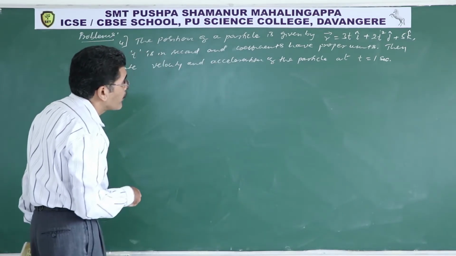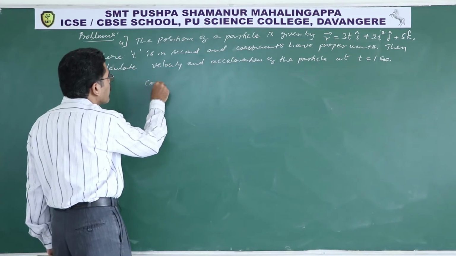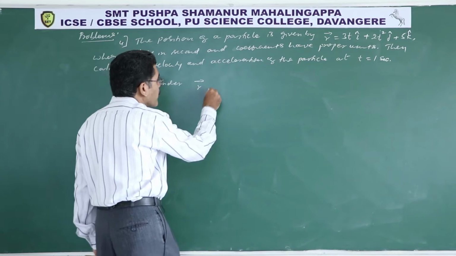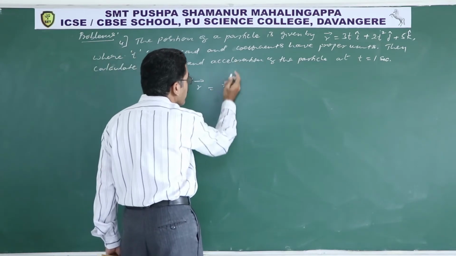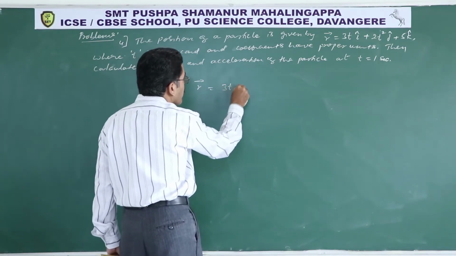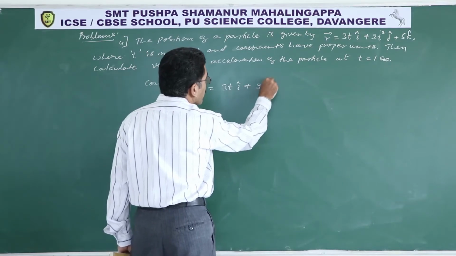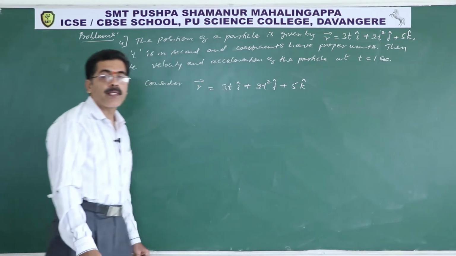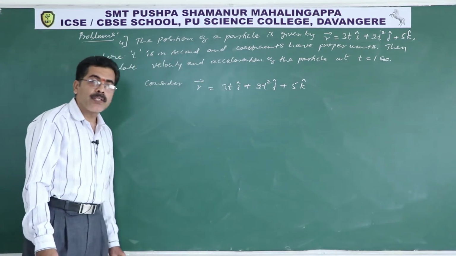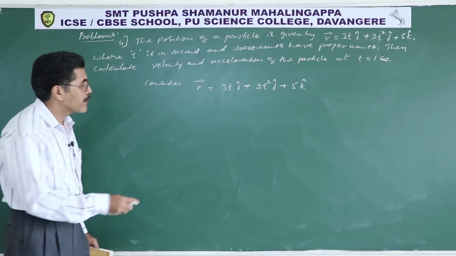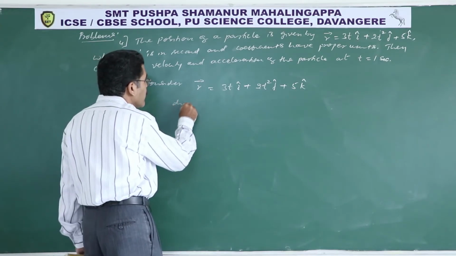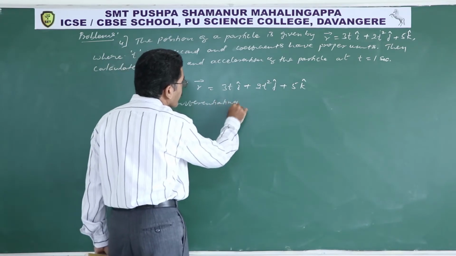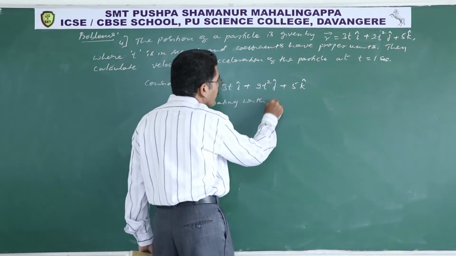Okay, so consider the position is given by 3t into i cap plus 2t square into j cap plus 5 into k cap. If you want to find out velocity, you must differentiate this with respect to t.